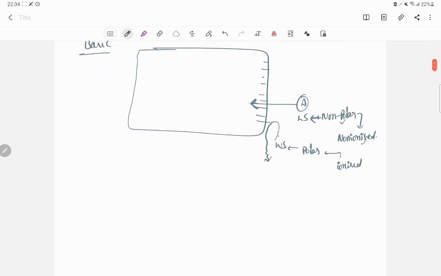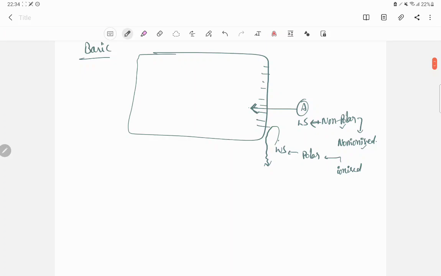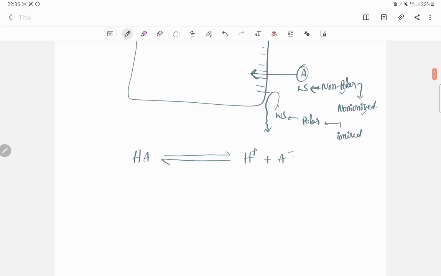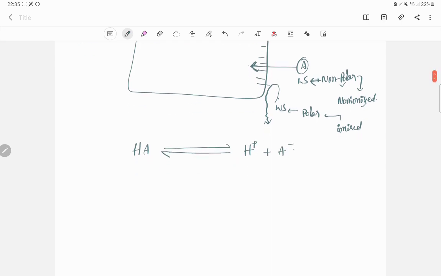Okay, let's remember this. Now I am going to give a very simple equation, which is HA gives rise to H plus A minus. This is the very simple and basic equation. Here what is happening is an acid is giving rise to a proton and an anion, right?